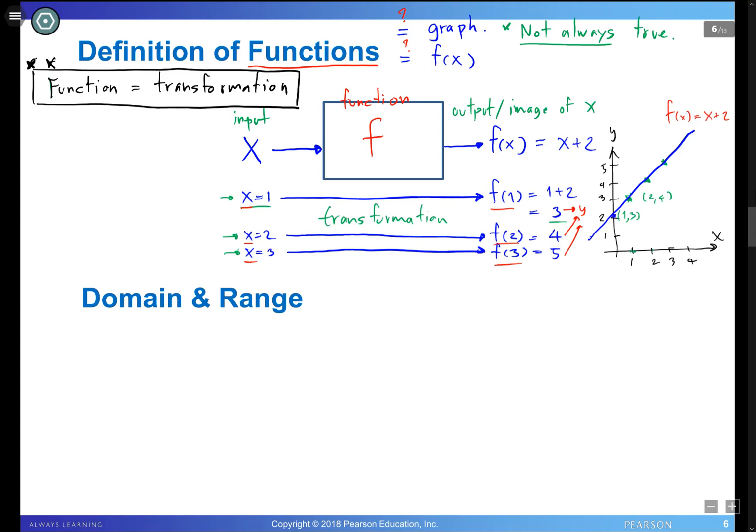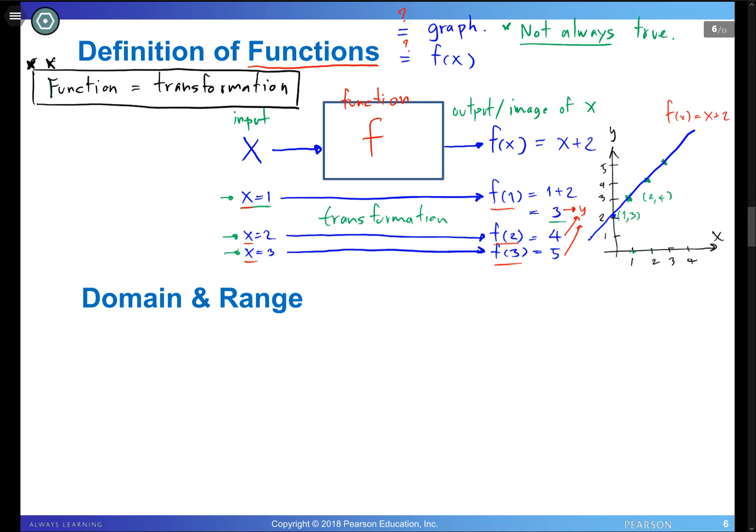That's when x equal to 0. Okay? So that's how a transformation can become a graph. So we start with the transformation, and then after that we can put them together and plot the graph. Okay? So that's how we have the graph from the function.